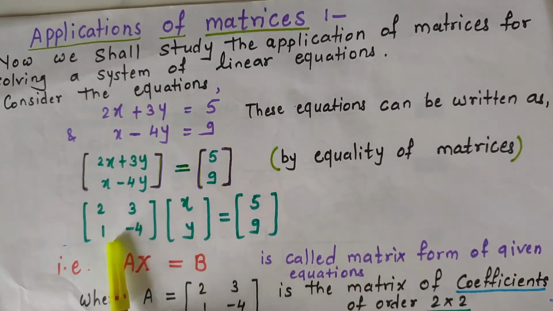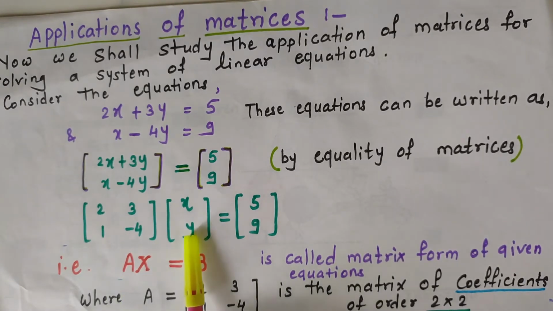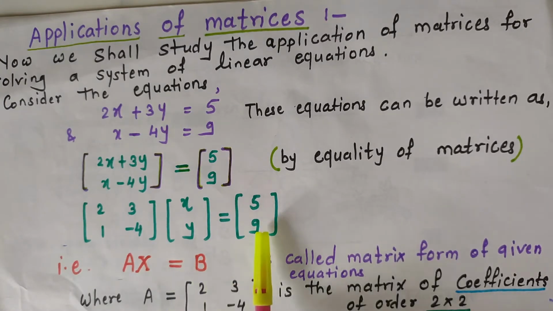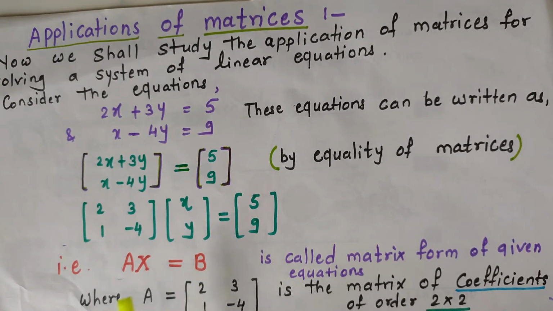Now, the first matrix is denoted by A, the second matrix is denoted by X, and this matrix is denoted by B. So we get the matrix form A into X is equal to B. This is called the matrix form of the given equations.